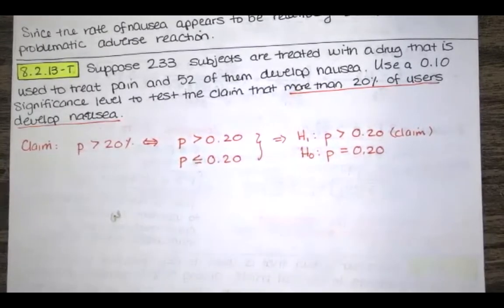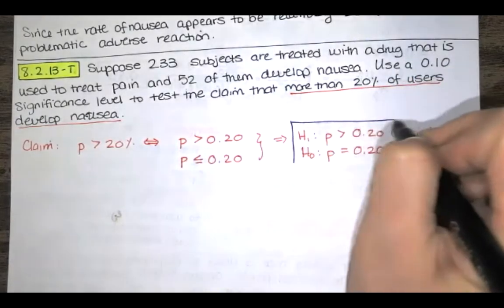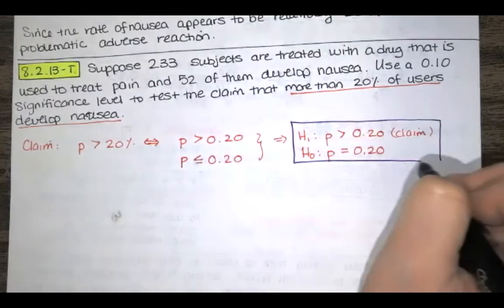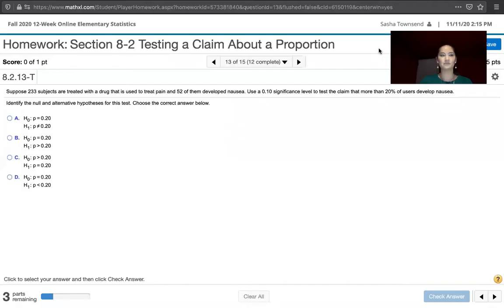So that's what we're looking for in MyLab Statistics. We're going to choose that answer from our list. Okay, so I want the null to be p equals 0.20. So it's either A, B, or D. And I want the alternative to be that p is greater than 0.20. So there it is, it's B.